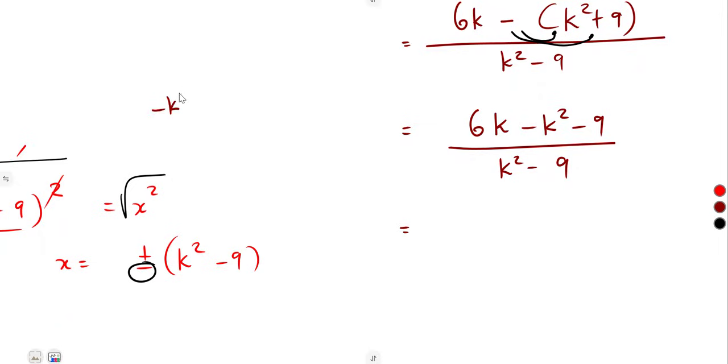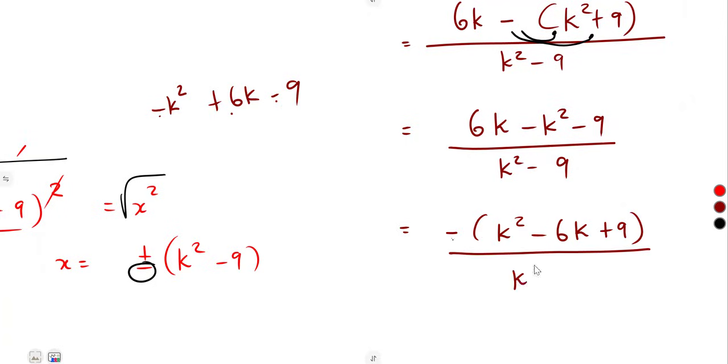This is the same as minus k squared plus 6k minus 9, where k squared is affected by a negative. So we can factor out the negative so that this becomes positive. The moment you factor out that negative, this will be negative divided by negative, positive k squared. Positive divided by negative, negative 6k, negative 9 and negative positive 9, like this.